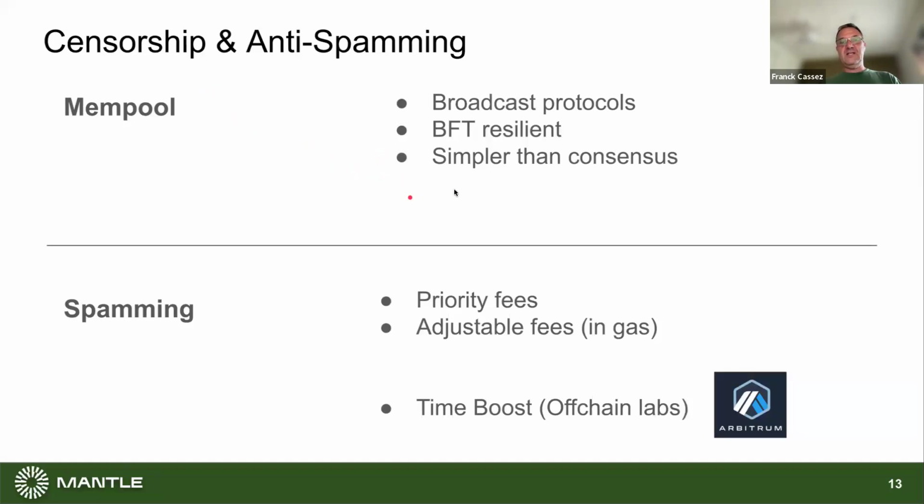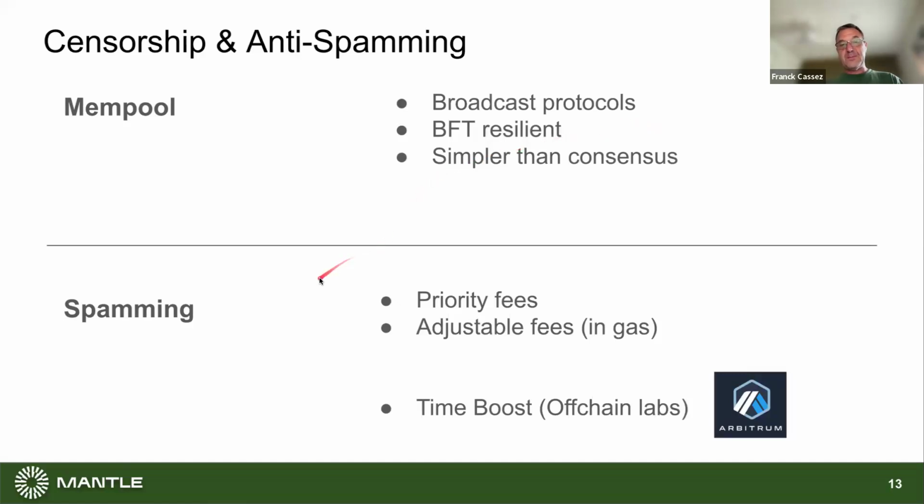To mitigate these kinds of things, making sure that, for instance, we are censorship resistant and we mitigate MEV attacks, again, there are lots of broadcast protocols that can be put in place. And they are simpler than a consensus mechanism. They focus really on broadcasting something from one place to another. And that's it. That's the only thing you have to do in the mempool.